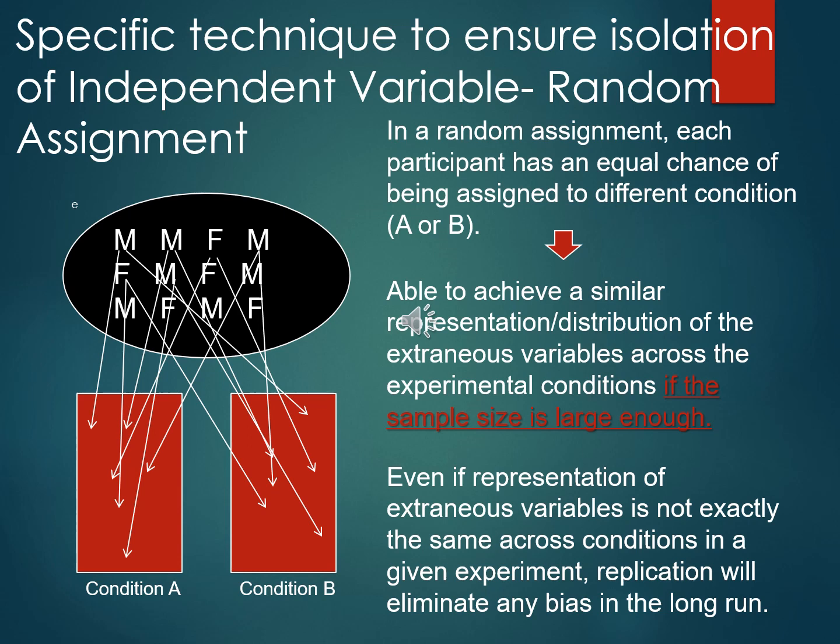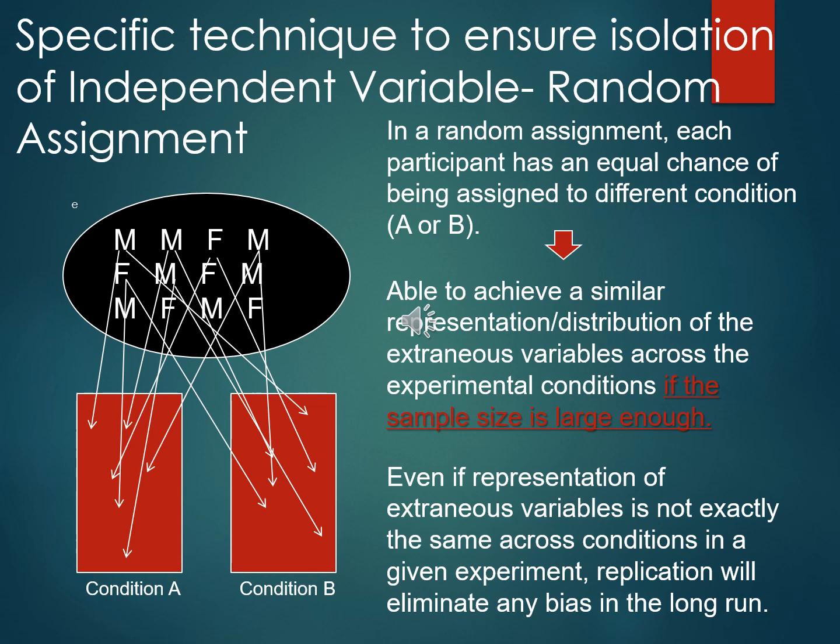One of the most specific and most essential techniques to minimize the effect of extraneous variables is called random assignment. Random assignment is the technique that increases the likelihood that two or more groups or conditions are filled with similar kinds of people, given that your sample size is large enough.